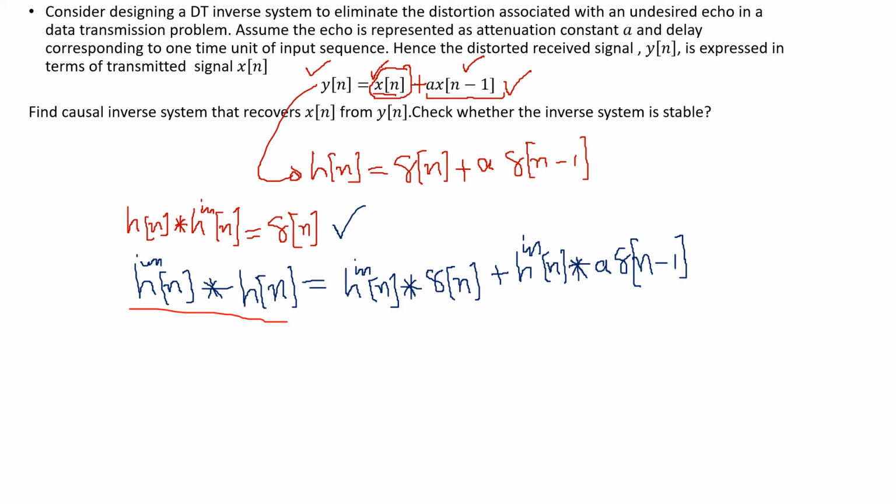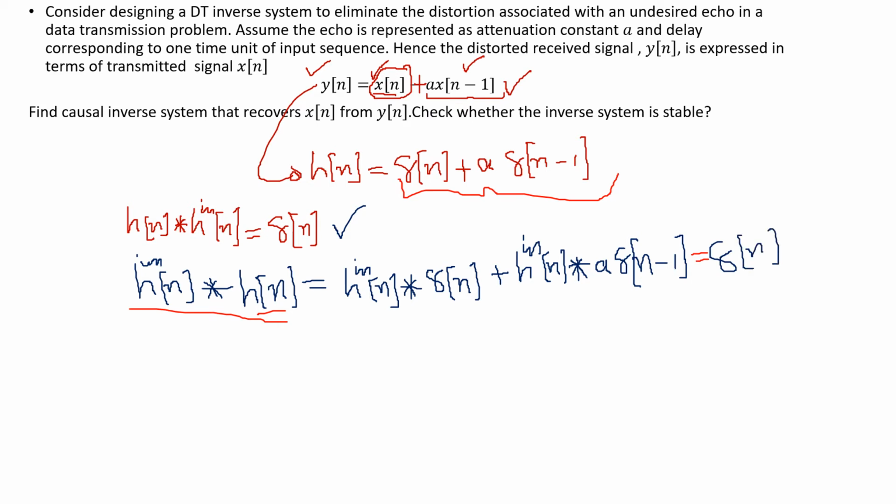So h inverse of n convolved with h of n, where h of n equals this, means I will convolve this and again convolve this. So I can write it like this, and because the two systems are inverse, this must be impulse of n.